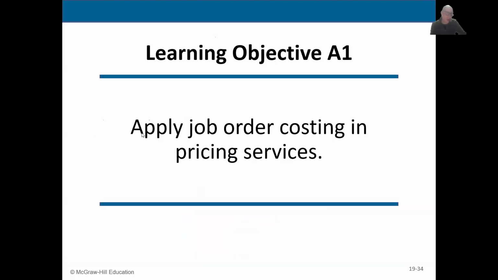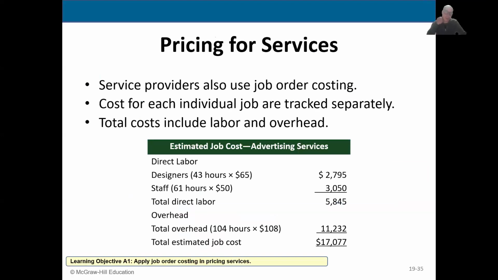And this is just an example of that. Here we have an advertising service business. We have the direct labor, number of hours worked at the hourly rate to get total direct labor. And then we add in the overhead.